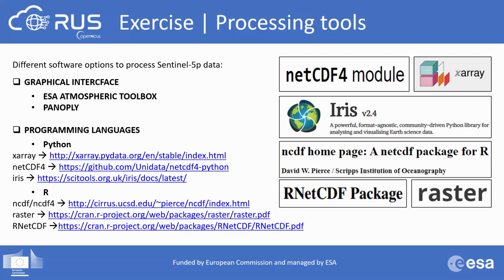In R, we have also dedicated packages for NetCDF files. You can see the NCDF or NCDF4 packages, of course the raster package, which is very well known in R, or a dedicated one for NetCDF known as RNetCDF. So just a brief summary with some references in case you are into this kind of way of working.